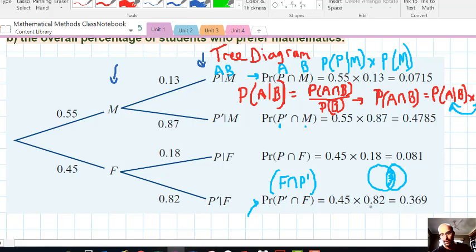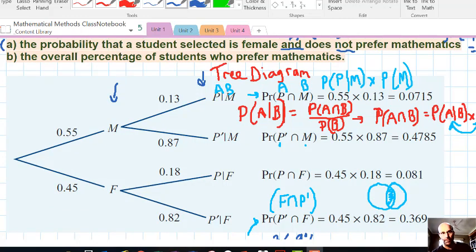So the answer would be 0.369 or 36.9% if you wanted to write it as a percentage, just like the question was given to you. So the probability that a student selected is female and does not prefer maths is 36.9% or 0.369.